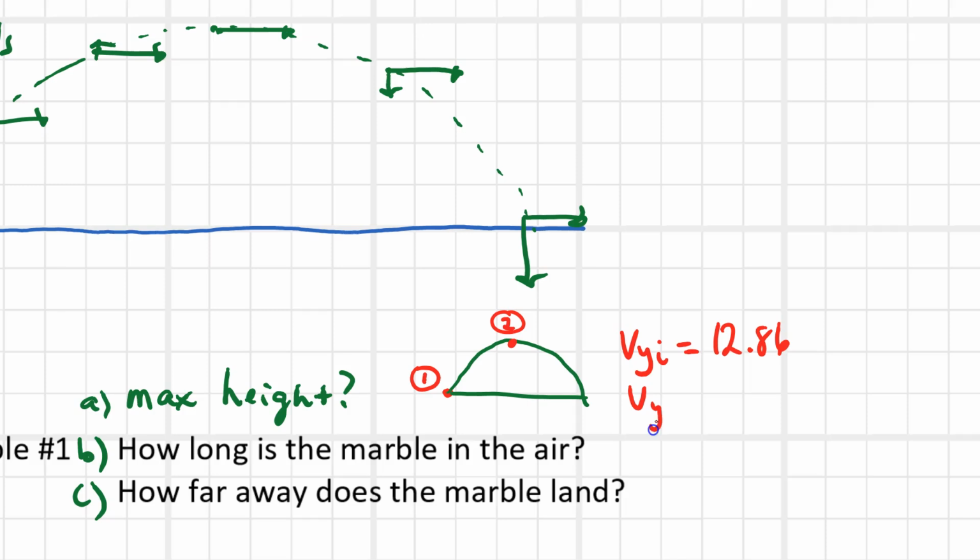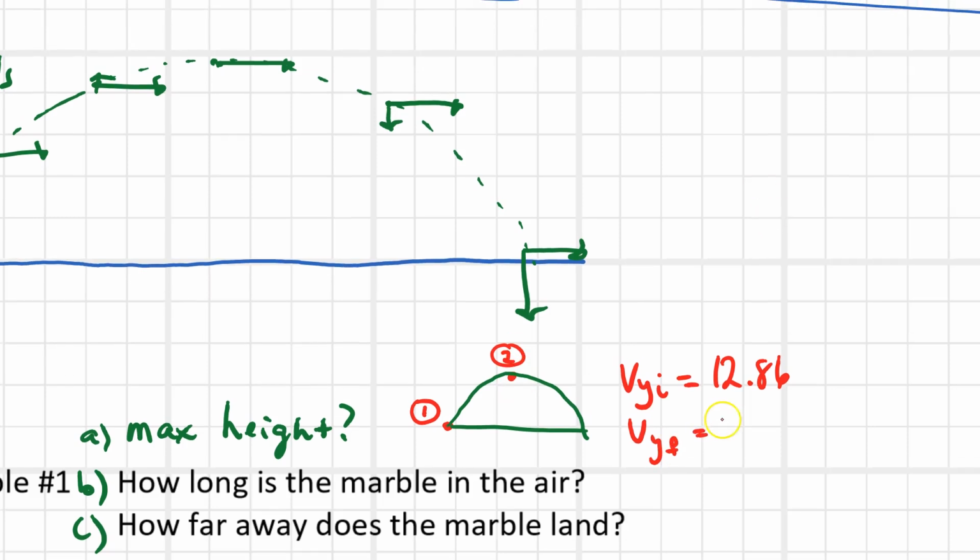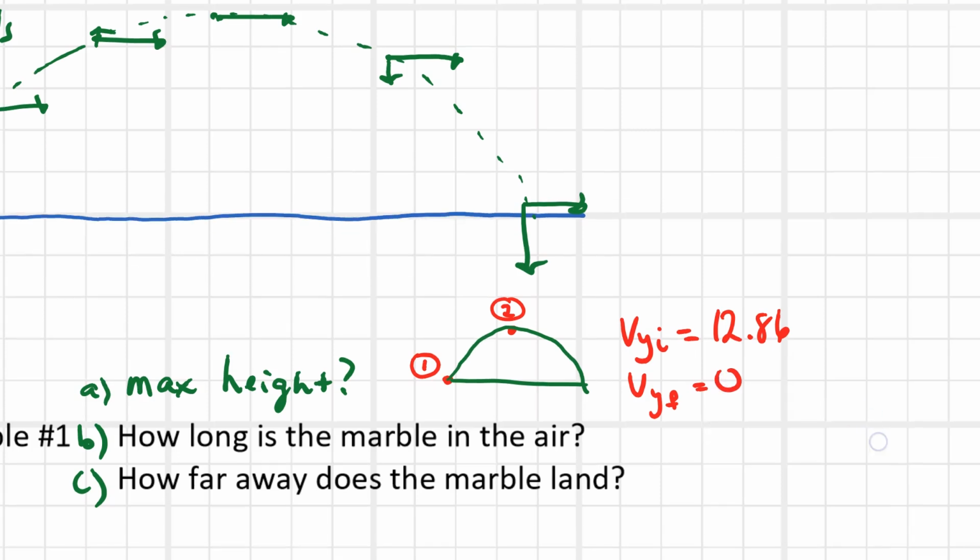And the final velocity vertically, at the very top, is 0. For some of the other questions, you might be considering this last point. You might consider the initial to be here and the final to be there. So you've got to be careful about what you're thinking about.